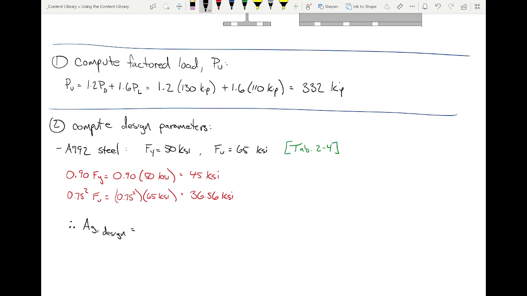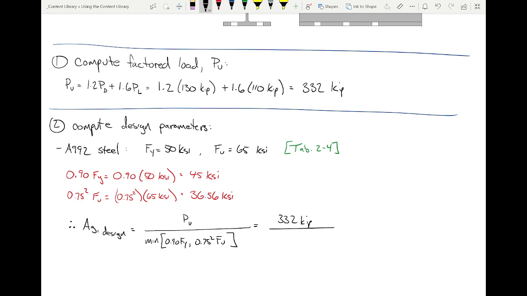Ag design equals that. What goes on the bottom?